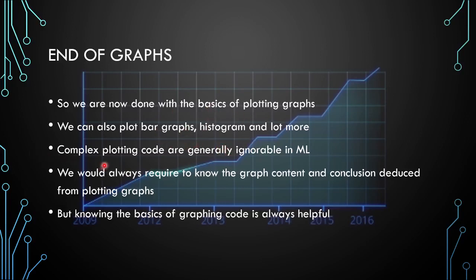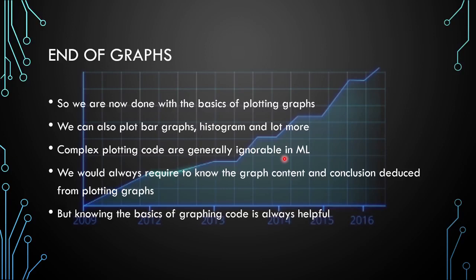Now complex plotting code is generally ignorable in machine learning. When we will be plotting in machine learning, you will see that in some portions like manifold learning and all, the graphs are quite complicated. So in those portions you will require to know what is the conclusion from the graph, what is the content shown on the graph.